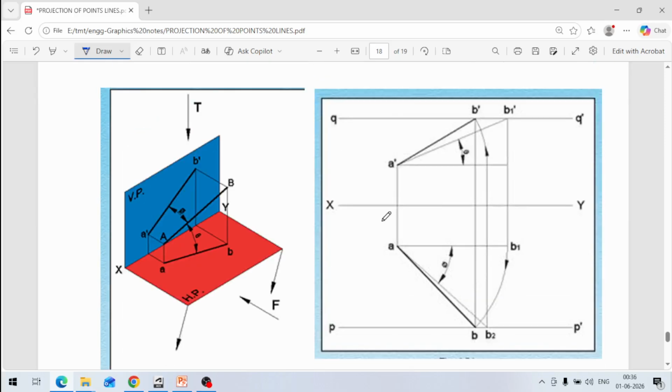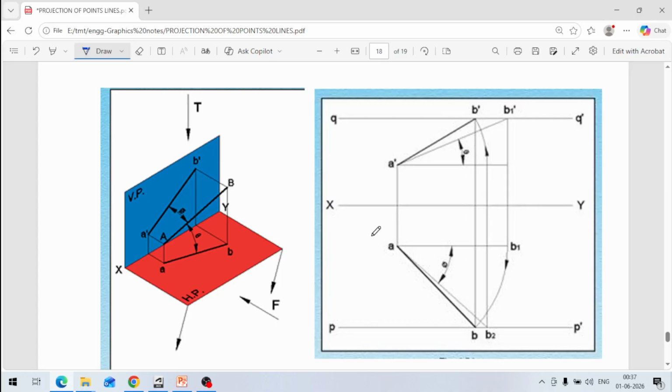Now the next case is when the line is inclined to both the planes, to the vertical plane and to the horizontal plane. In this case, how do we draw the projections? This is our XY line. Above the XY line is the vertical plane, and below it is the horizontal plane.